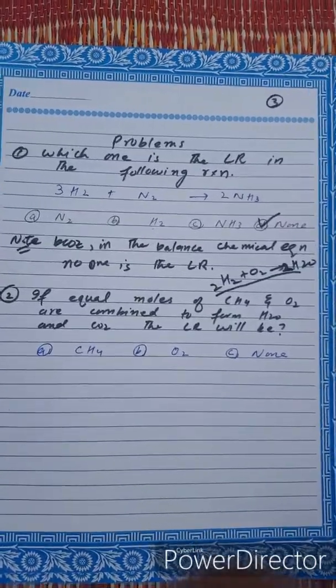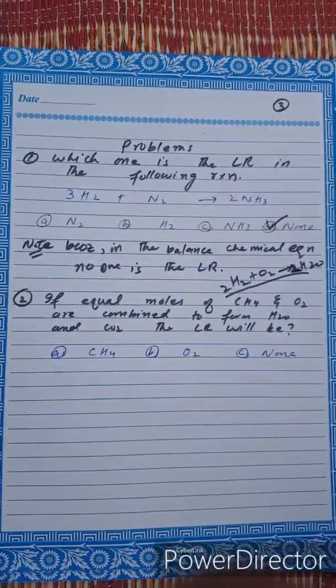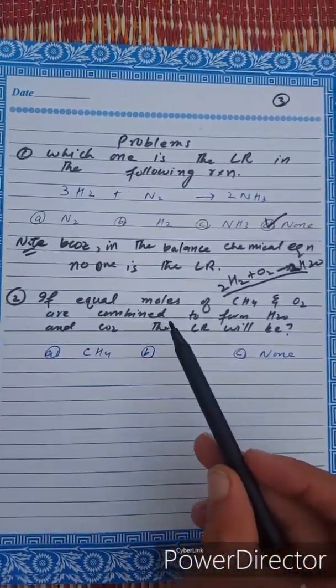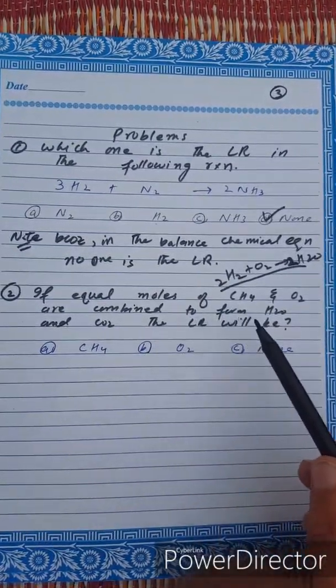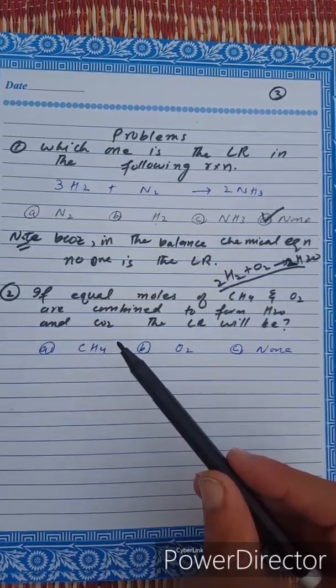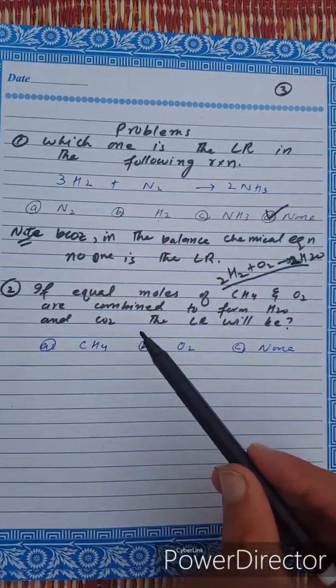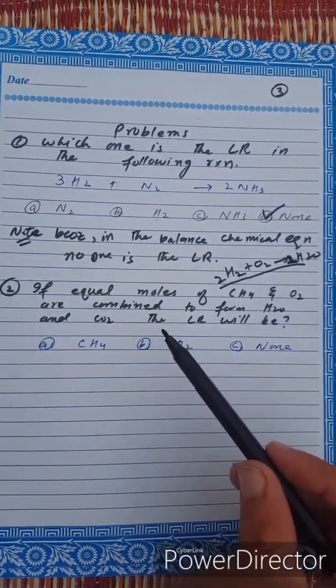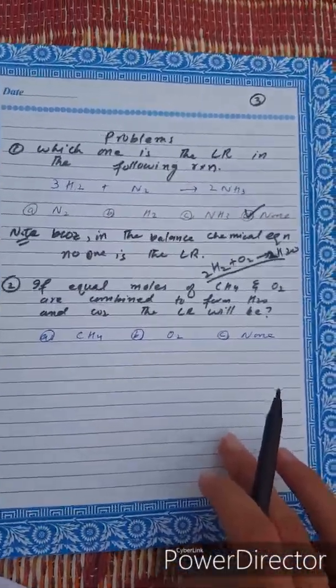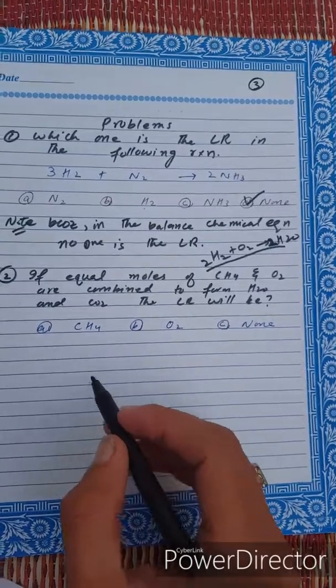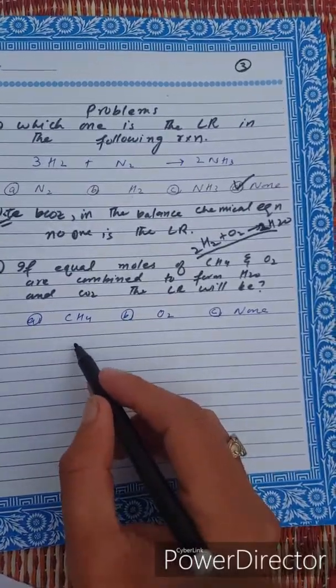That's all. Now let's come to another example: if equal moles of methane, CH4, and oxygen are combined to form water and carbon dioxide, the limiting reagent will be? So first of all we should write the balanced chemical equation.